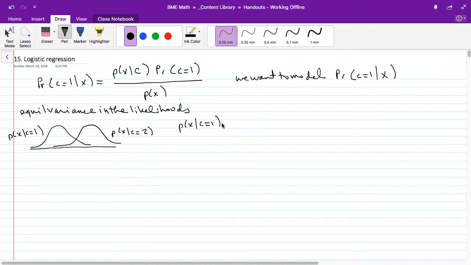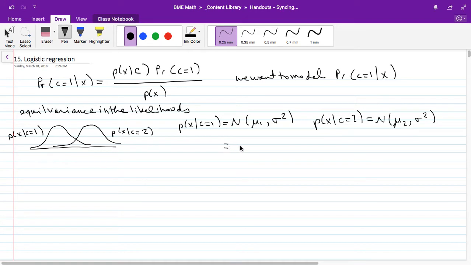This is a normal with mean mu1 and variance sigma squared. And similarly, we have another class which has a normal that has a different mean and the same variance.